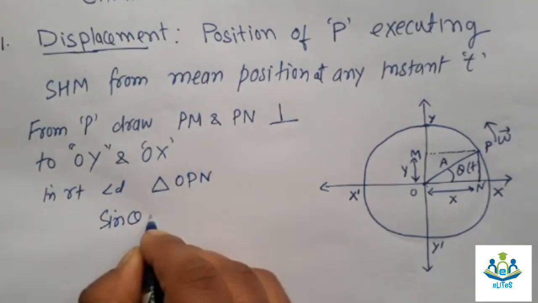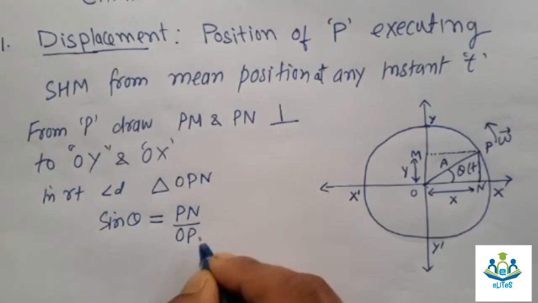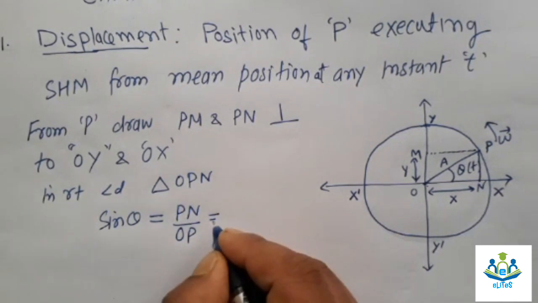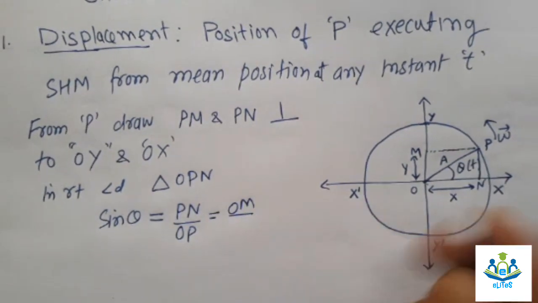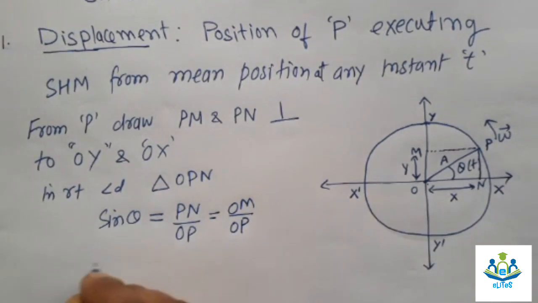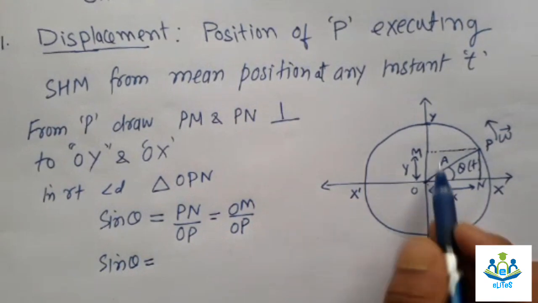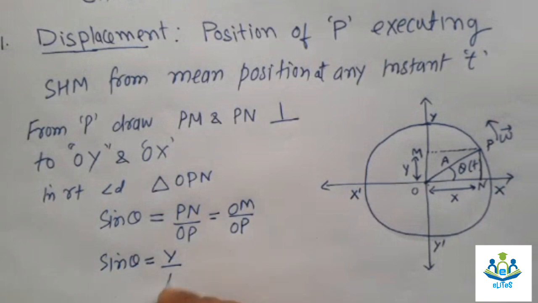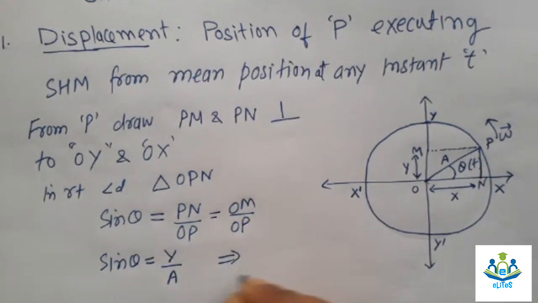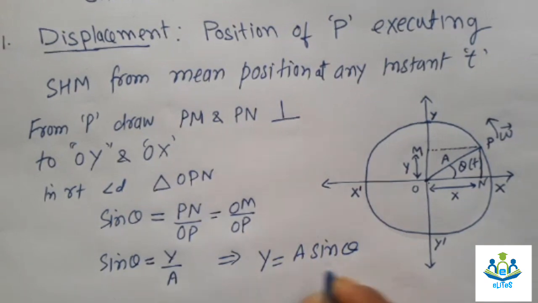Sine of theta is perpendicular over hypotenuse. PN is equal to OM, and this is OP. So sine theta equals OM over OP. OM is y and OP is a. So displacement y is equal to a sine theta.